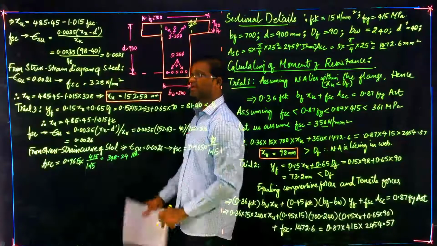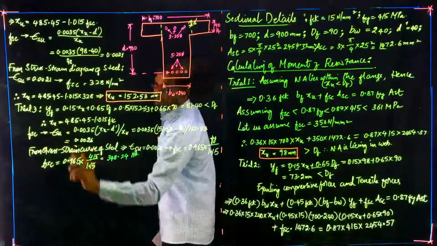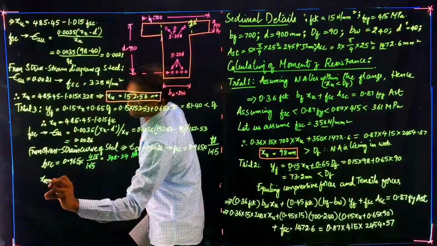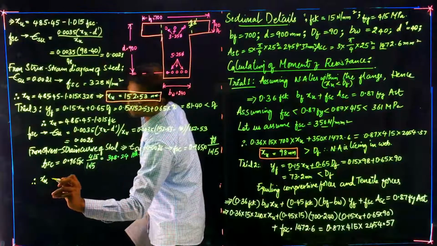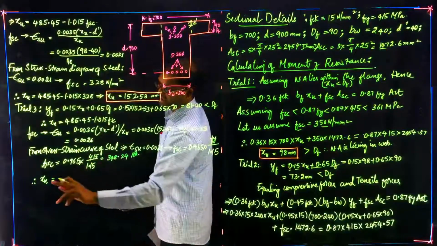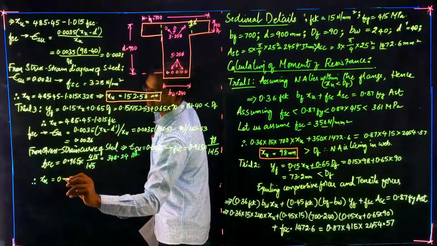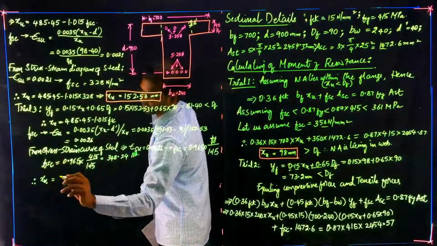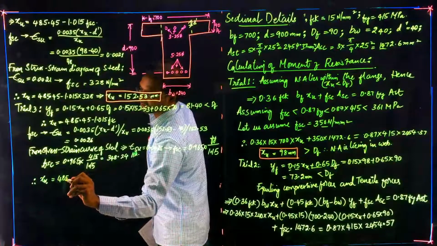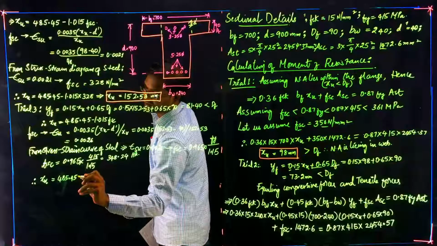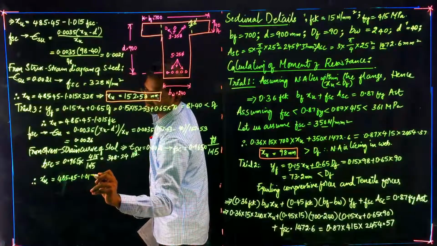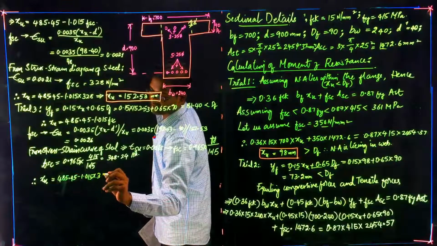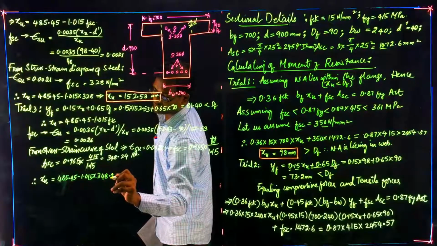Now after calculating FSC, we back substitute to get the neutral axis depth. For trial 3, XU equals 485.45 minus 1.015 into FSC, which is 348.24.